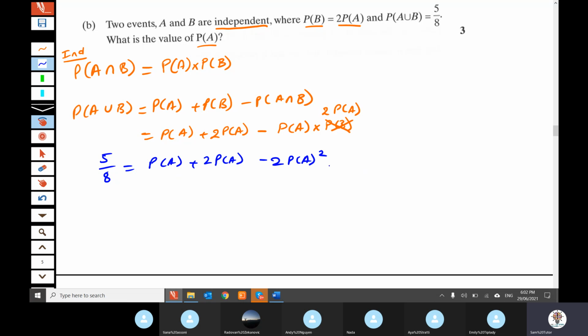It might look nicer if I let probability of A equal X. So 5 over 8 equals X plus 2X is 3X minus 2X squared.